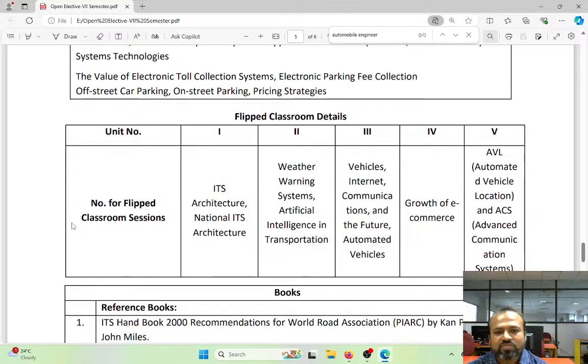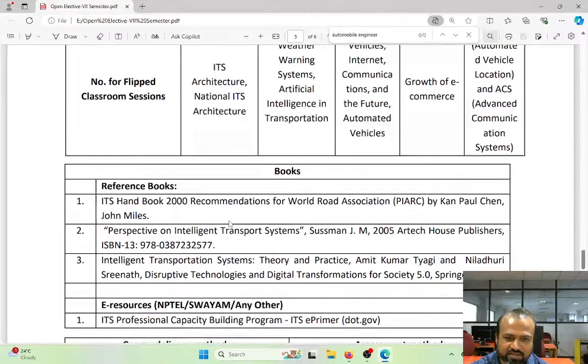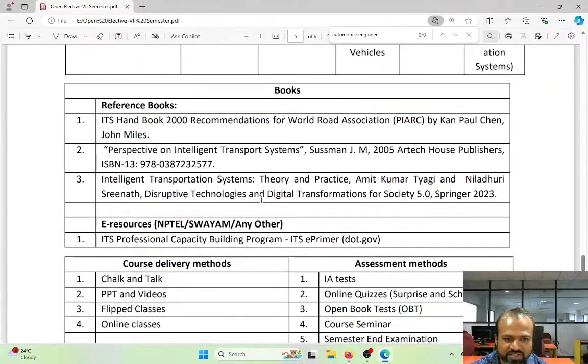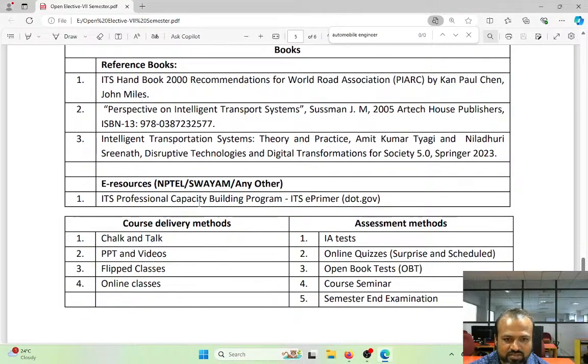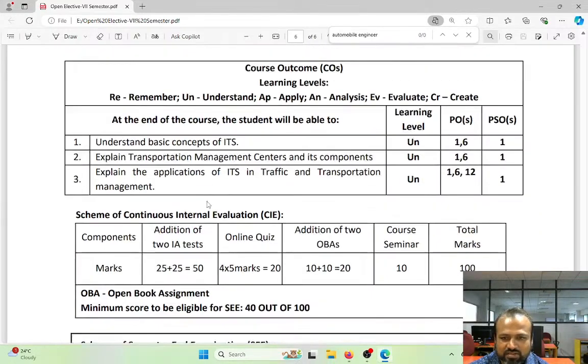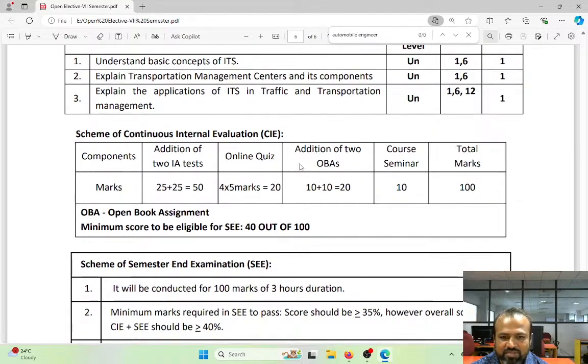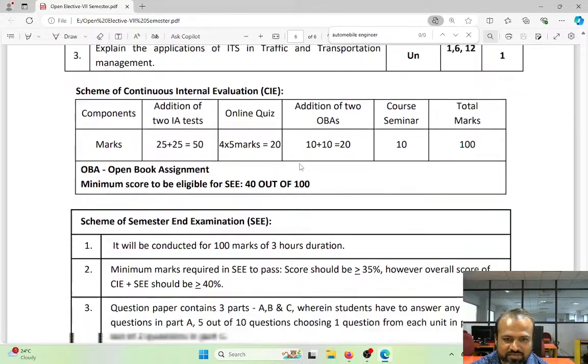We have planned some flipped classrooms from each module, which will be learned by the students, and the deliberations will happen in the regular classes. We have put some reference textbooks, and some relevant NPTEL courses. You can see the videos which are available in open source, and the CIE and course outcomes all remain the same as for the course subject.